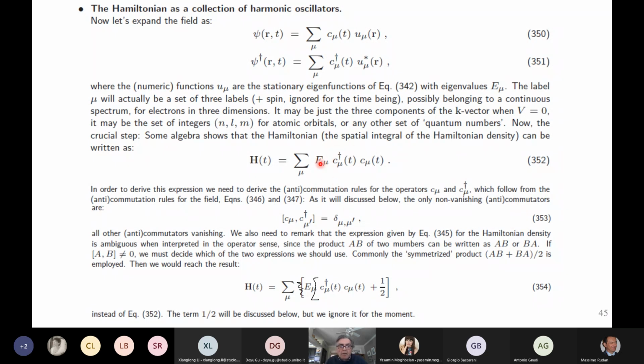And then the Hamiltonian can be viewed as a collection of harmonic oscillators, each of them representing one electronic state. The ground state of the system corresponds to a state in which all harmonic oscillators are in the ground state, and I take this energy out and consider it the zero of my reference energy.